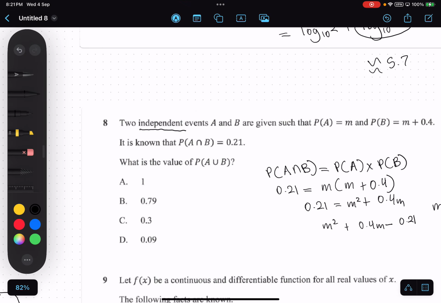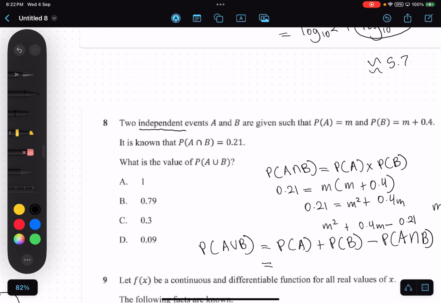Alright, so in your formula sheet, the probability for A union B is given by PA plus PB minus P of A and B. So, if you plug in the value for M, you're going to get 0.3 plus 0.3 plus 0.4 minus 0.21.